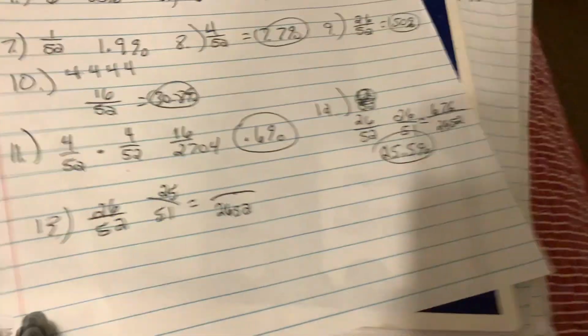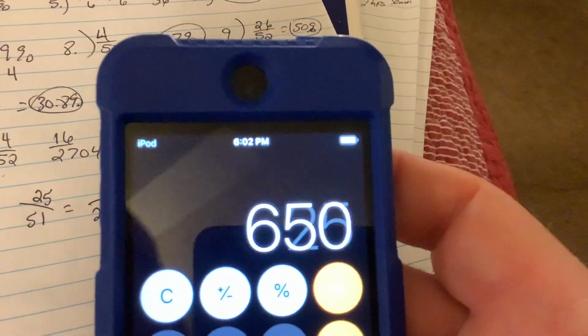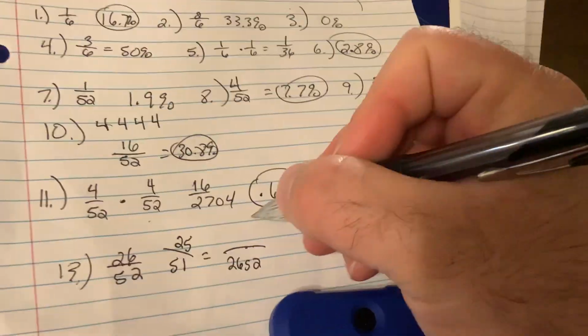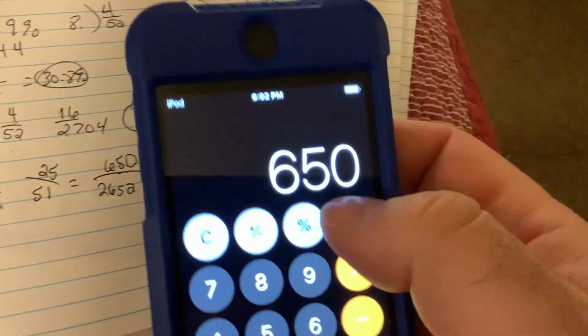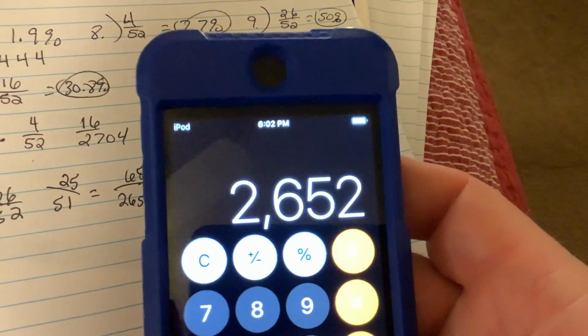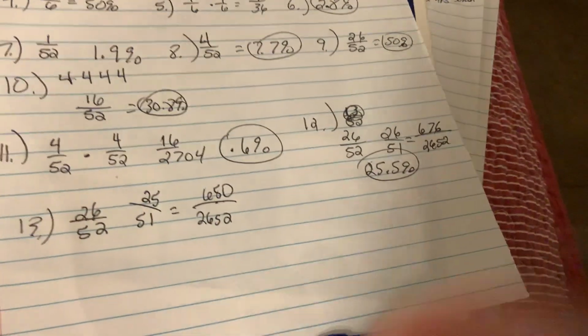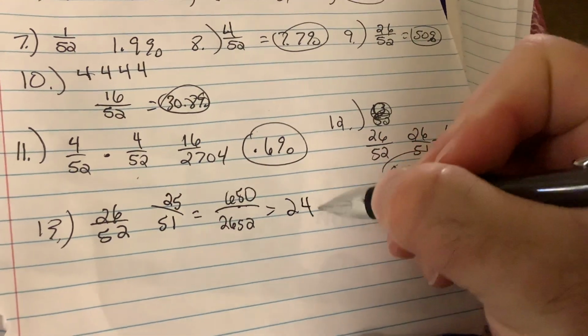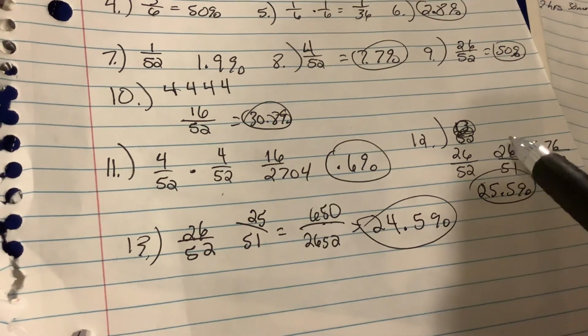Let's do 26 times 25 up top. So that's 650 now. Divide 650 by 2652 and you get 24.5%. Not 25.5, but this one's 24.5. It goes down just a little bit because there were fewer favorable cards than in this one.